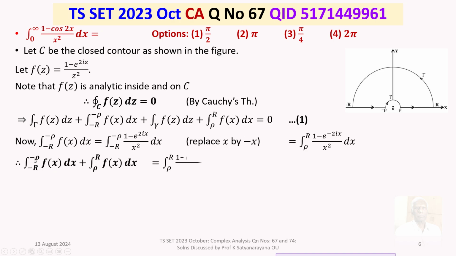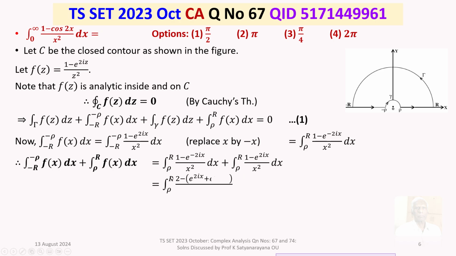And this is the same as follows. The integral from minus R to minus rho of f of x dx, plus the integral from rho to R of f of x dx, is the integral from rho to R of (1 minus e to the power of minus 2ix) by x square dx plus the integral from rho to R of (1 minus e to the power of 2ix) by x square dx. Add. Both are integrals from rho to R only.